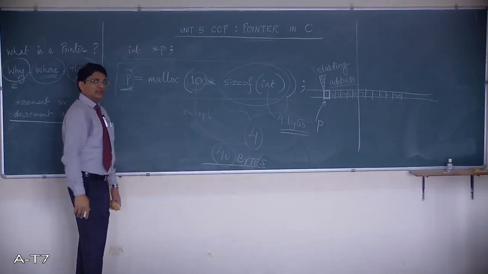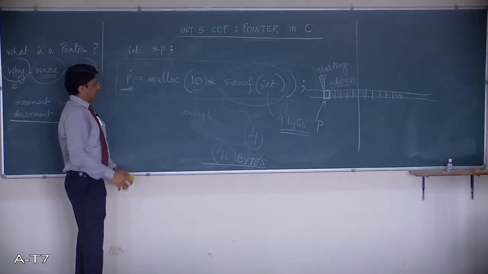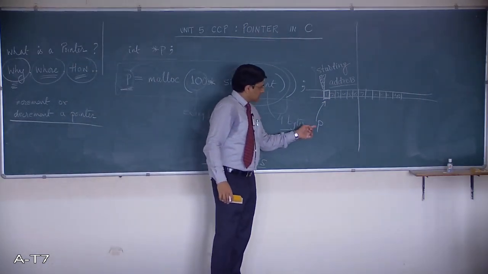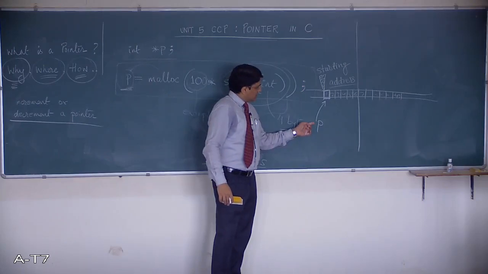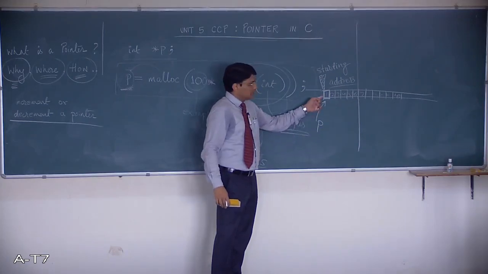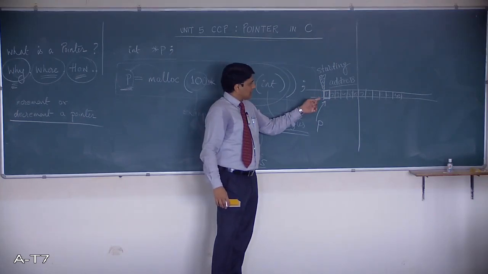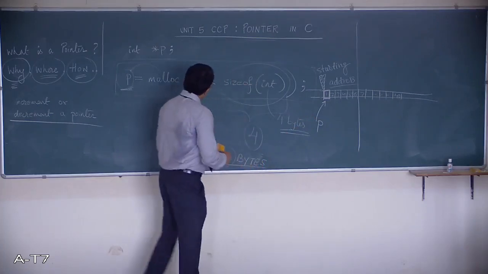P is pointing to the first byte in the set of 4000 bytes, and the address of the first byte is stored inside P. So look at this diagram here. I've actually used an arrow, and it is suggesting that P is pointing to the first byte out of the contiguous list of bytes that is allocated in the memory.